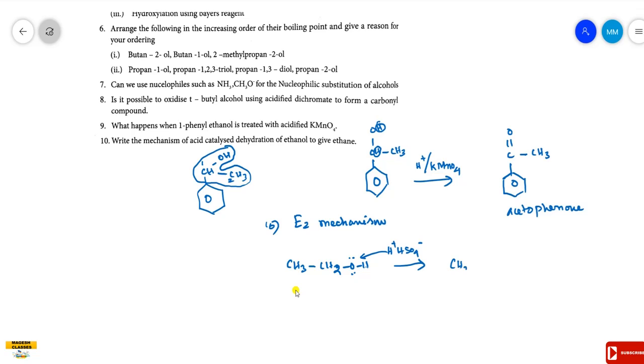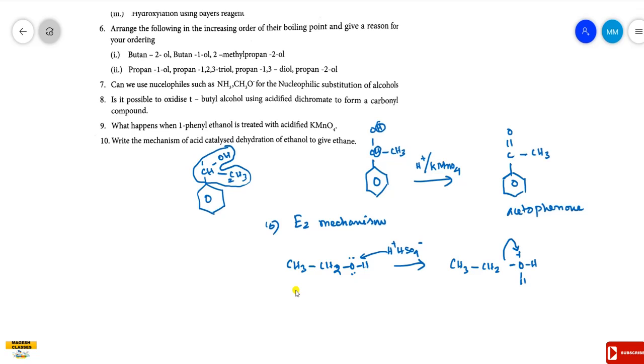The H plus ion goes to the oxygen, and it gets protonated. You get CH3CH2OH2 plus, with a positive charge on oxygen. Because of the positive charge, it abstracts the electron pair toward the oxygen atom.